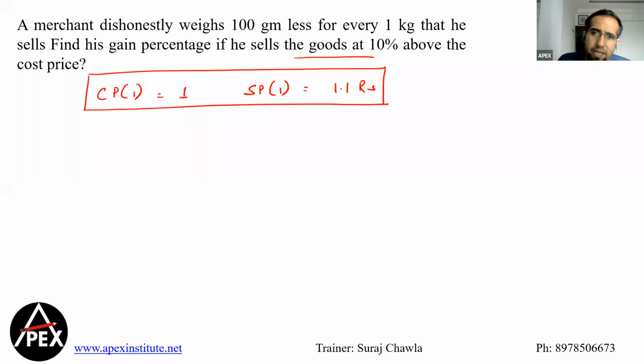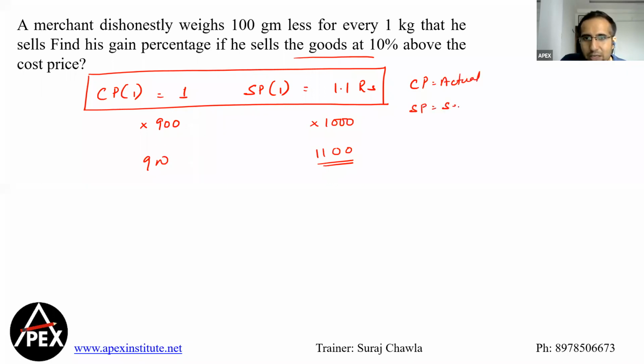Now what is happening here, guys? You order me 1,000 grams. That means you will see 1,000 grams and you pay me 1.1 per gram. So 1,000 into 1.1 will be how much? That is going to be 1,100. But I actually give you 900 grams, so my actual cost price is equal to 900. So always remember, cost price will be on the actual quantity and selling price will be on the seen or ordered quantity.